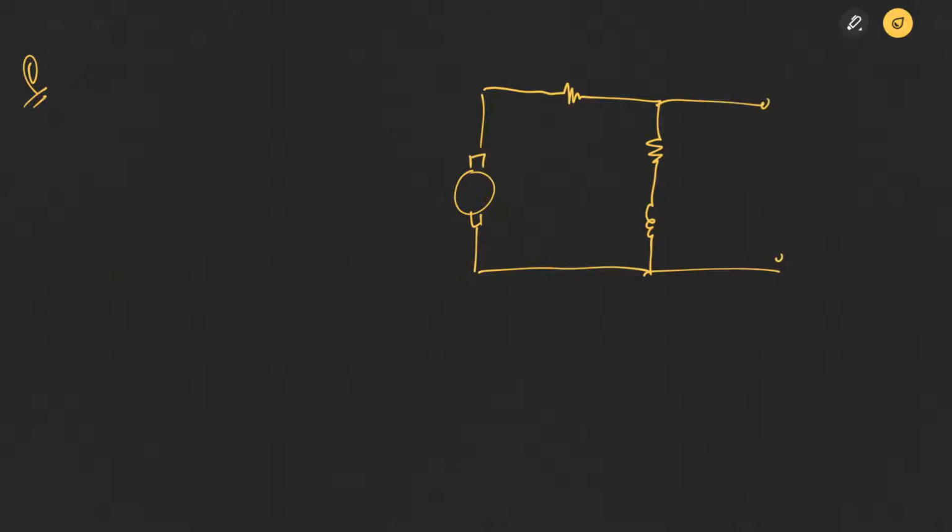In another question, this is your circuit diagram. You have a shunt DC motor, VT, the terminal voltage, is equal to 250 volts.